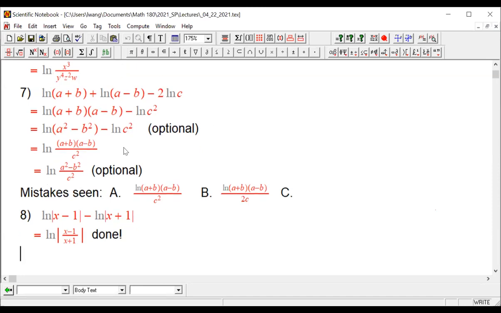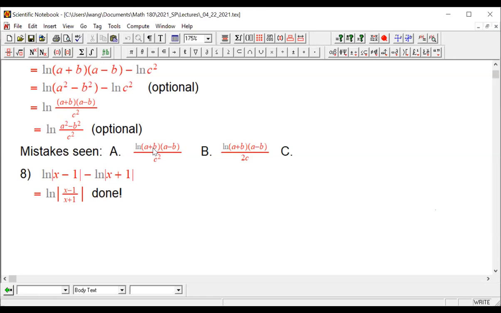However, the mistake I've seen in the past are the following.